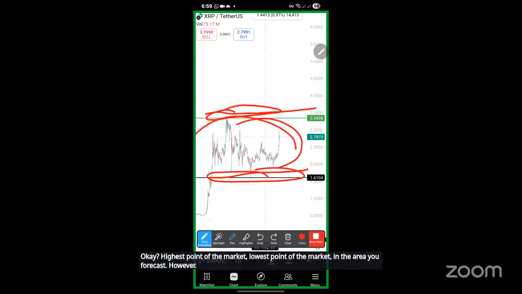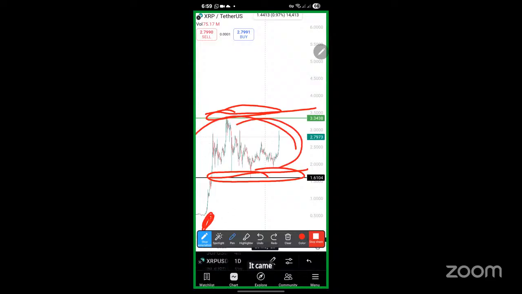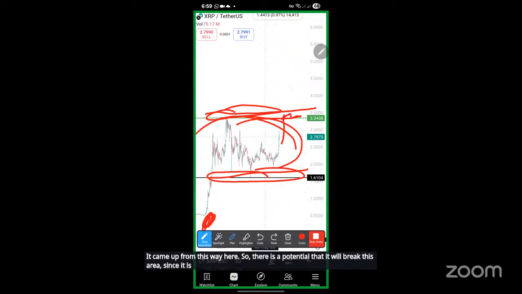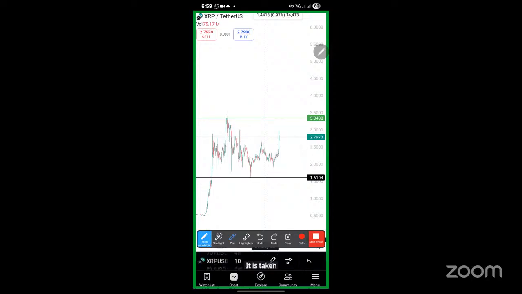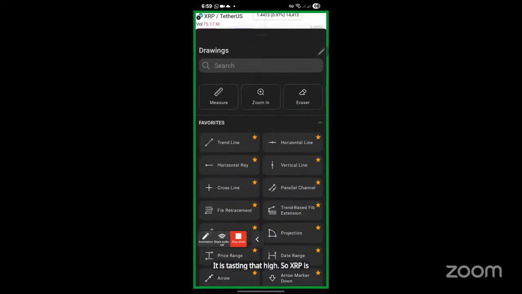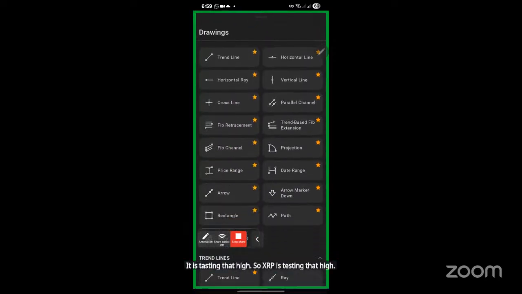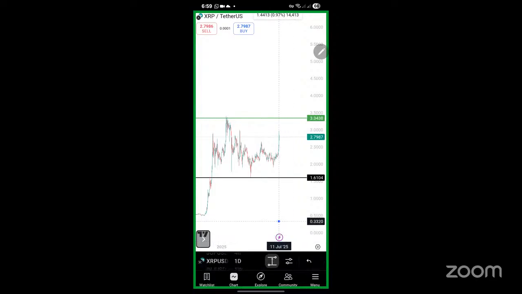However, it came up from this way here, so there is a potential that it will break this area since it is bullish. It is chasing that high. So XRP is chasing that high.